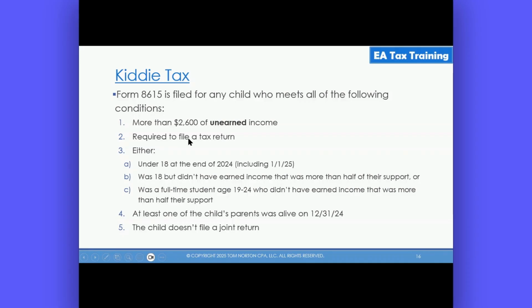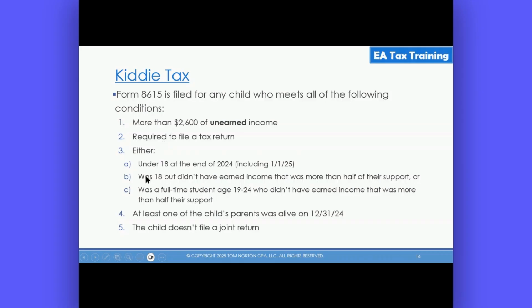First of all, they have more than $2,600 of unearned income. If they have $2,600 or less of unearned income, they may still be filing their own tax return, but they don't have to worry about attaching the Form 8615 or paying the kiddie tax. They don't owe it. Next, they need to be required to file their own tax return.